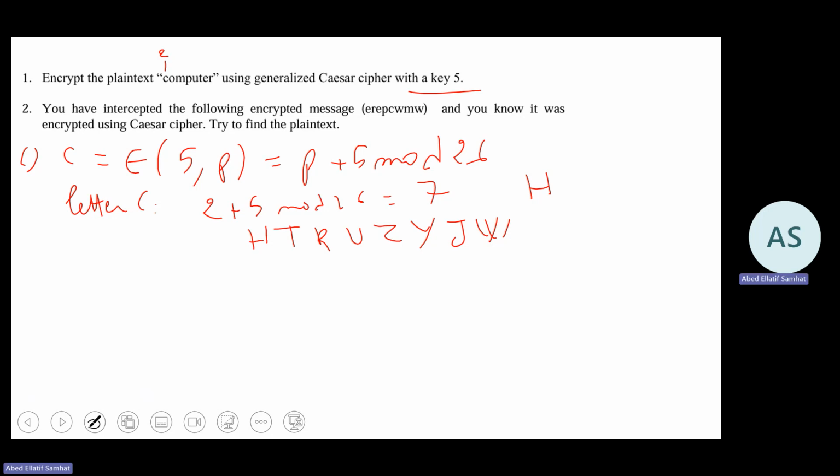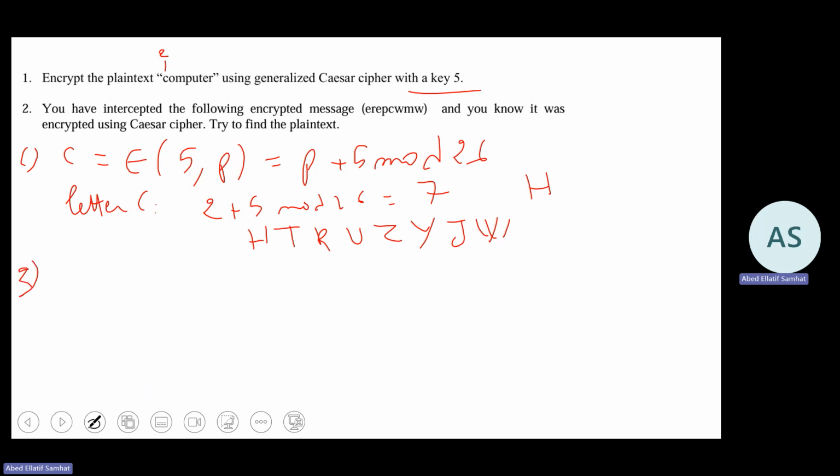You should apply it, please, to be sure that you are able to apply. If you want to decrypt, for example, from H to C, the decryption is very simple. It's just to take the ciphertext minus the key modulo 26.